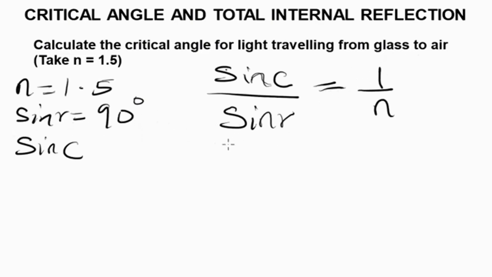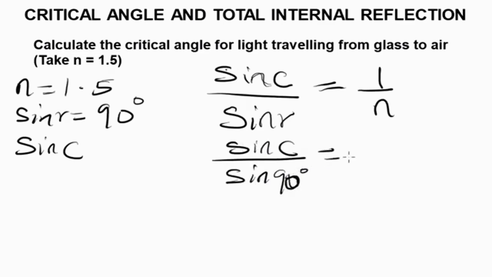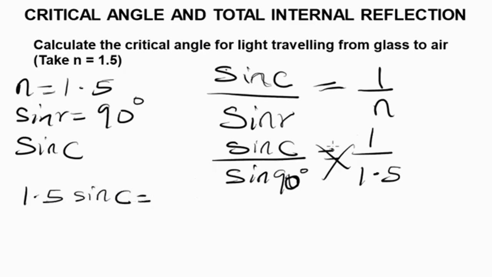If you substitute, you're going to have sine C over sine 90 degrees equals 1 over 1.5. So you cross multiply, you're going to have 1.5 sine C equals, so sine 90 will still give us 1. Divide both sides by 1.5.